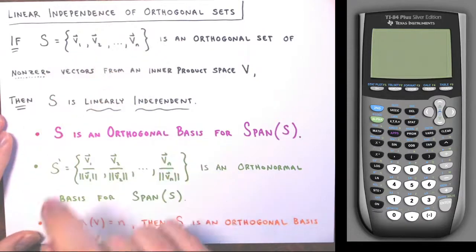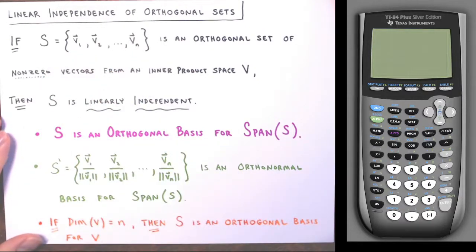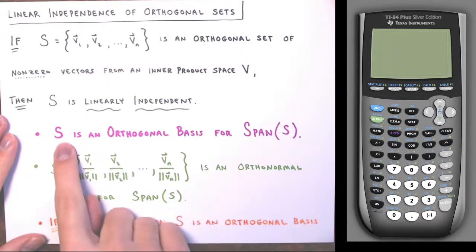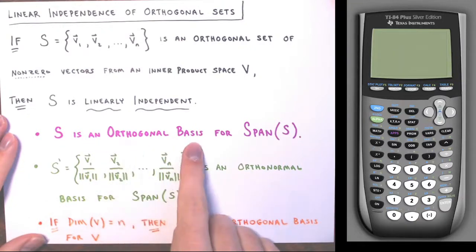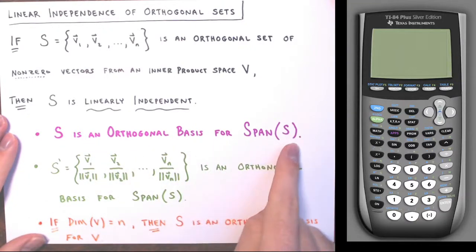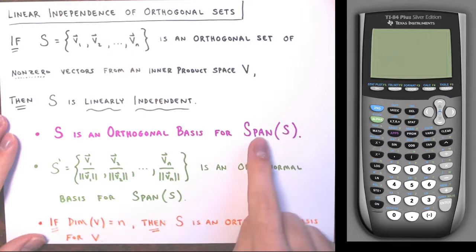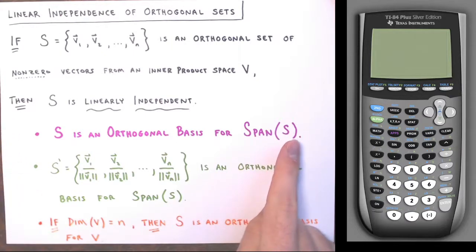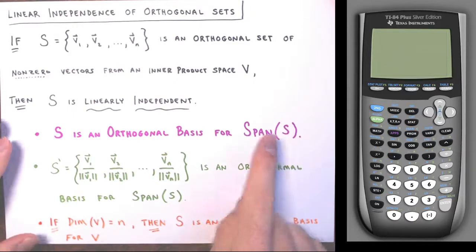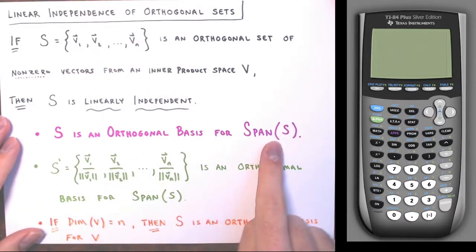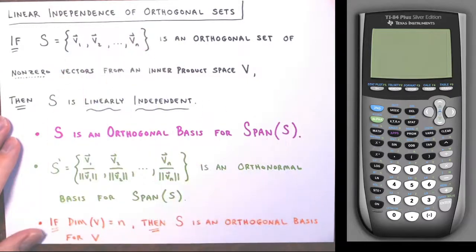So if a set S of orthogonal non-zero vectors is independent, then S would be considered an orthogonal basis for the span of S. Remember, the span of S was the set of all linear combinations of the vectors from S. So S definitely spans the span of S, that's the definition of the span of S. And we've just said that if it's an orthogonal set of non-zero vectors, it's independent.